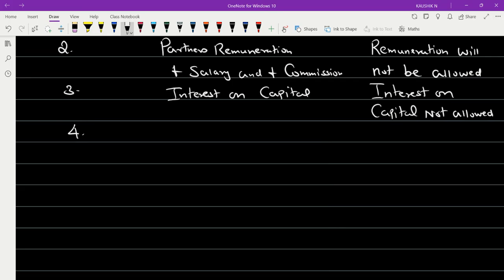The next, fourth one, interest on drawings. Even interest on drawings is not charged.